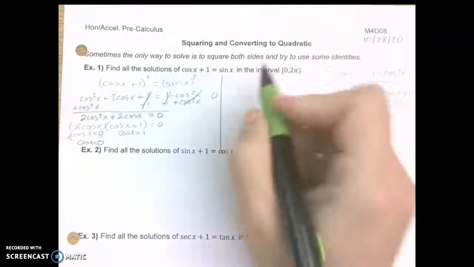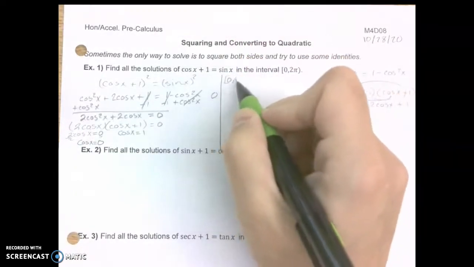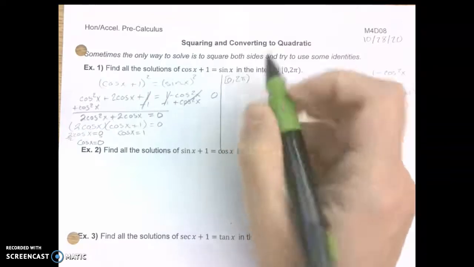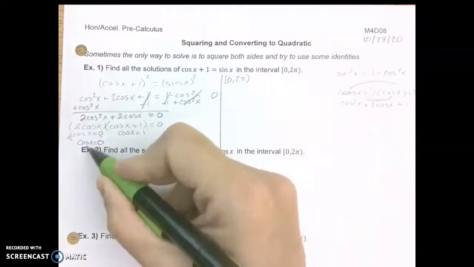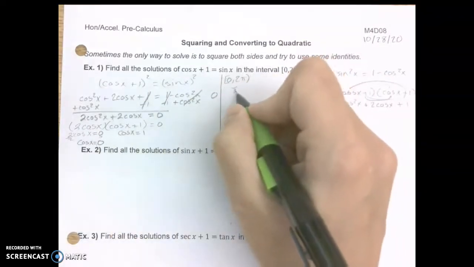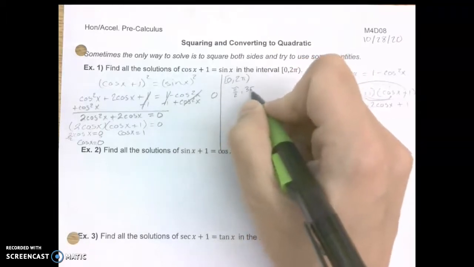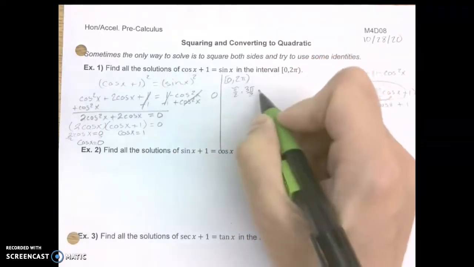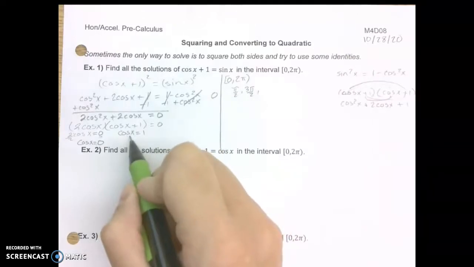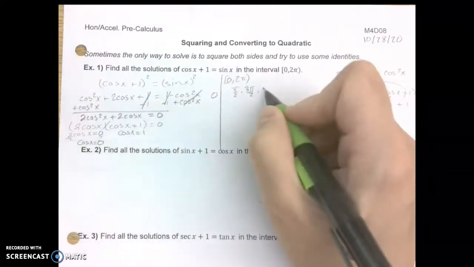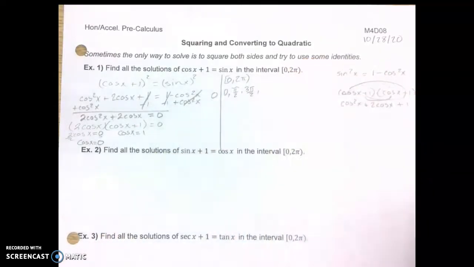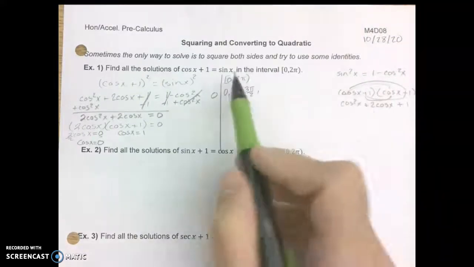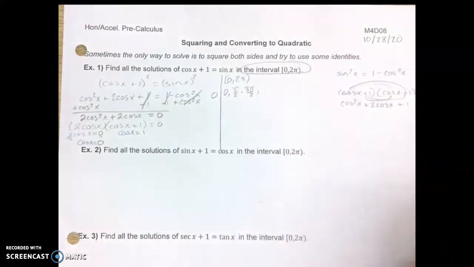So my solutions from 0 to 2 pi would be, when cosine is 0, that's at pi over 2, 3 pi over 2, and at cosine being positive 1, that's just going to be at 0. Those are my solutions in the interval from 0 to 2 pi.